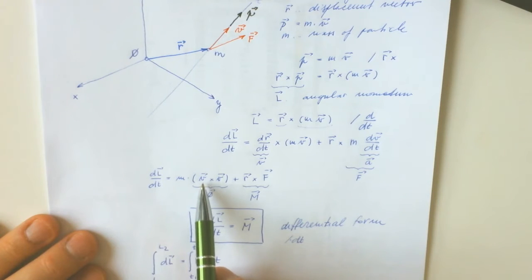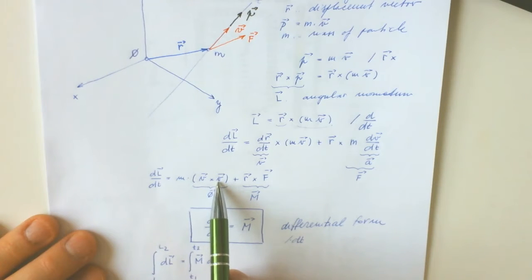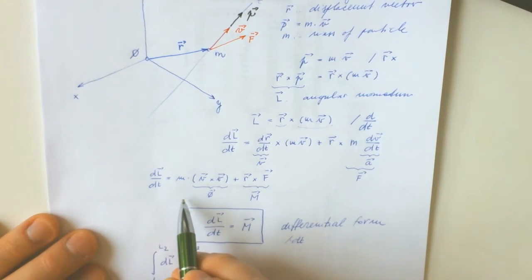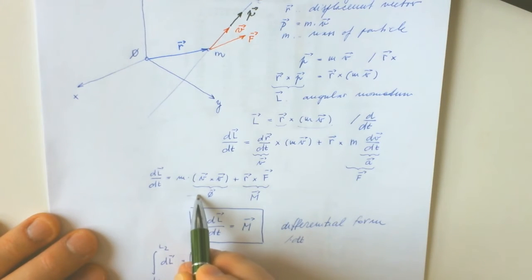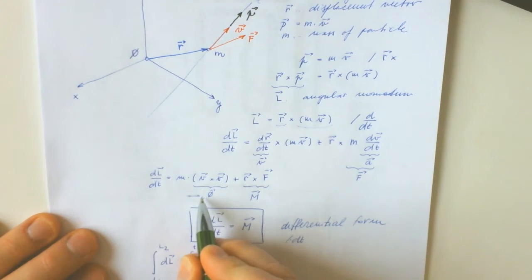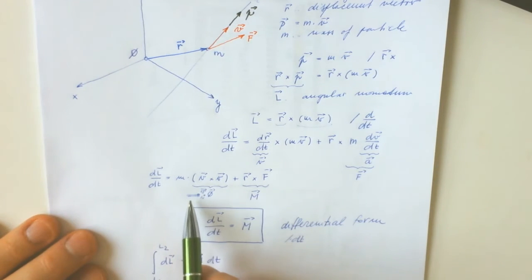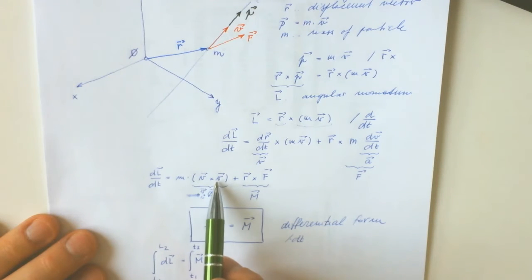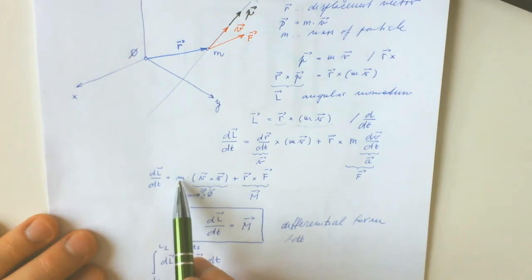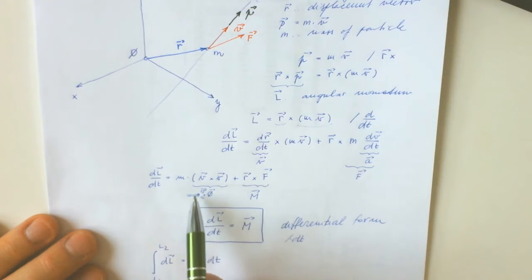And we also know that if we make a vector multiplication of two collinear vectors, because this is v and this is v, these vectors are collinear, the multiplication of two collinear vectors using vector multiplication is 0, and 0 multiplied by anything is again 0.